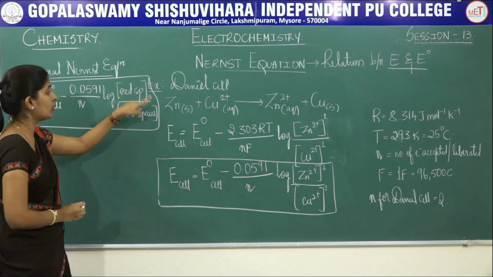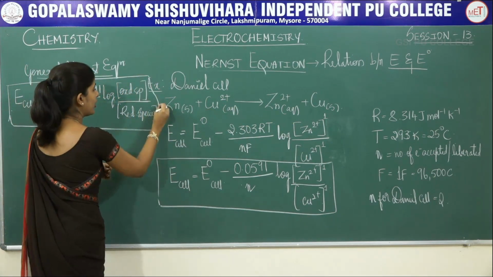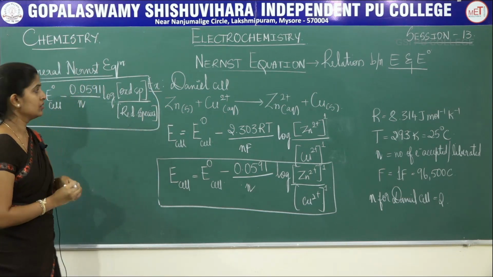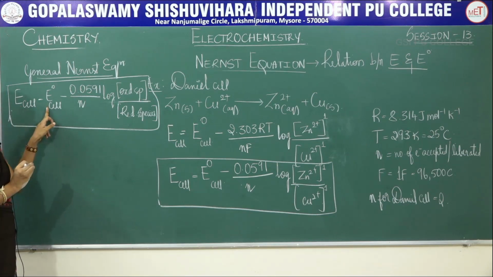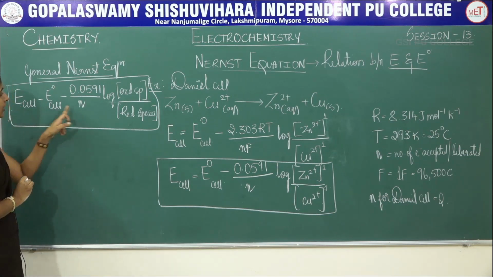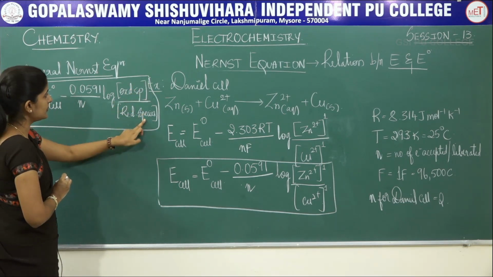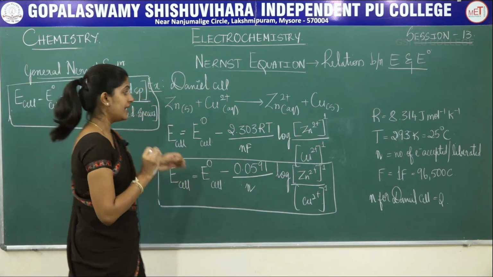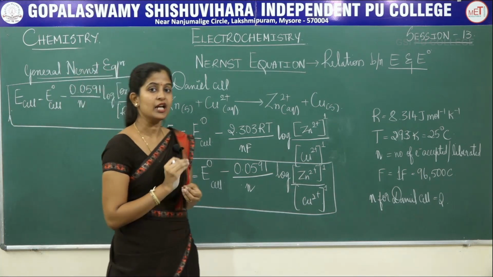If it is equal to 1, no need to write it, but if it is more than 1, you have to write the stoichiometric coefficients of both the oxidized species as well as the reduced species. So E is the reduction potential of the cell, E naught the standard reduction potential of the cell, N the number of electrons transferred, oxidized species divided by reduced species raised to the power of their stoichiometric coefficients. By applying these equations, you have to do some numericals which will be discussed in your next session.